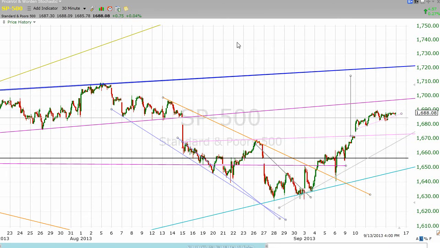So here we are. I believe it is safe, based upon the historical tendency of necklines to be technically significant into the future, not just when they're broken, but we extend that line into the future.